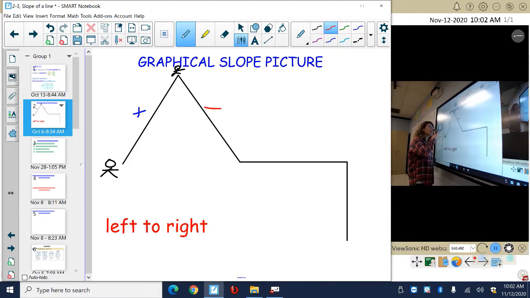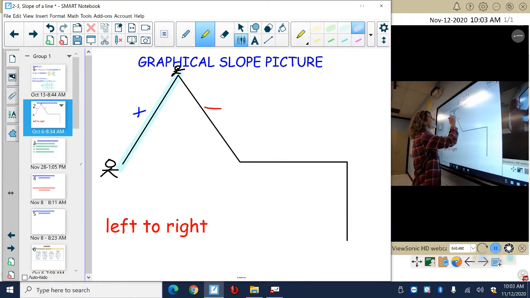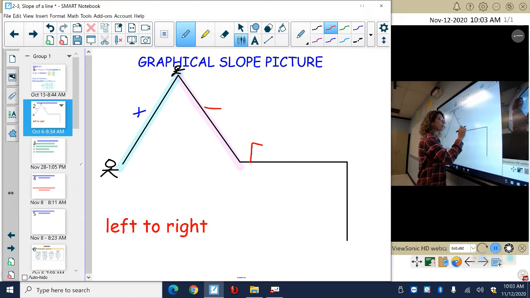So when you're going up the hill in a line that looks like this, it has a positive slope. When you're going down the mountain, it has a negative slope. Now, when you are at the base of any hill, okay, we can go ahead and build our house on level ground. You can't build a house on anything that is not level. So anything that is level is going to have a slope of, let's say, 0.